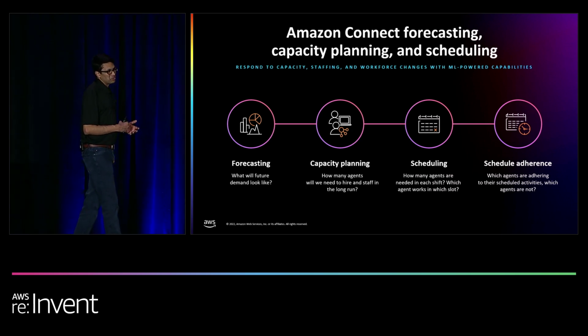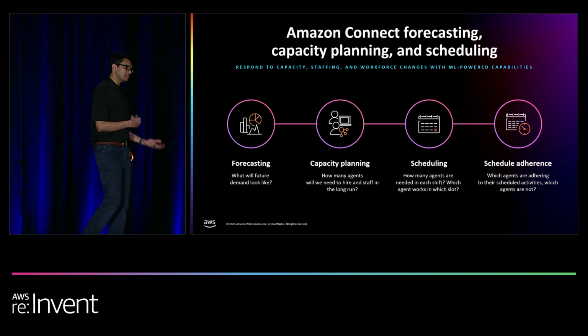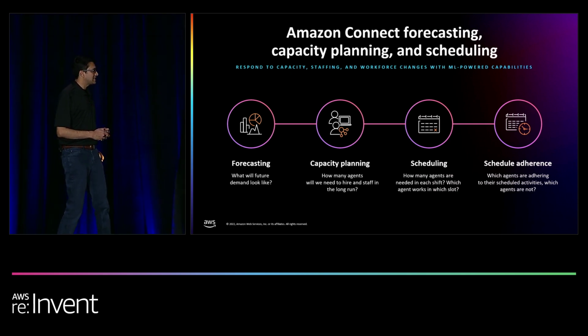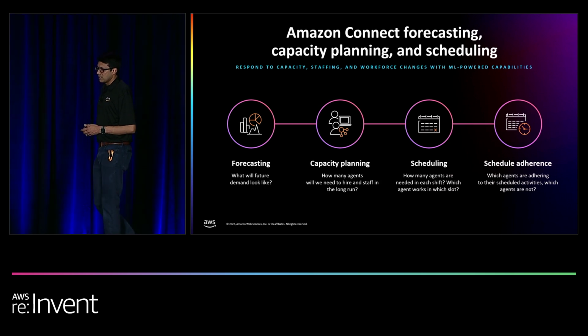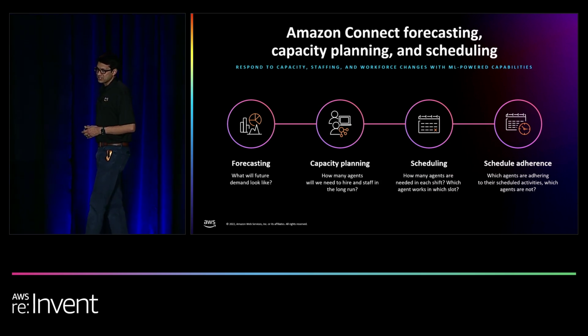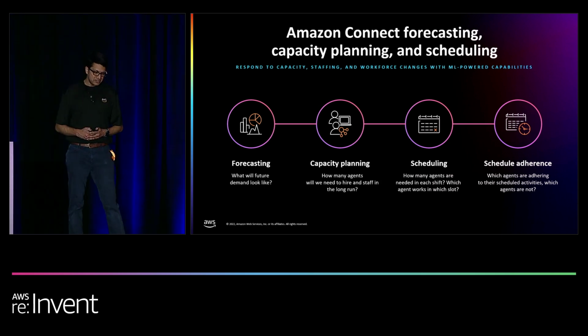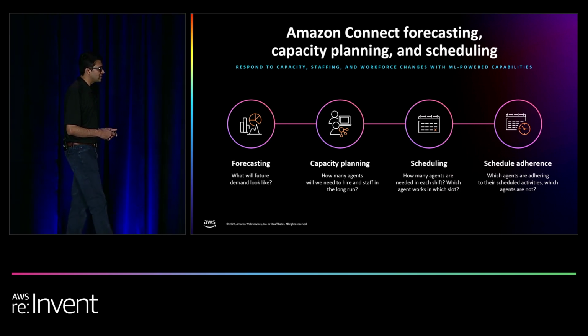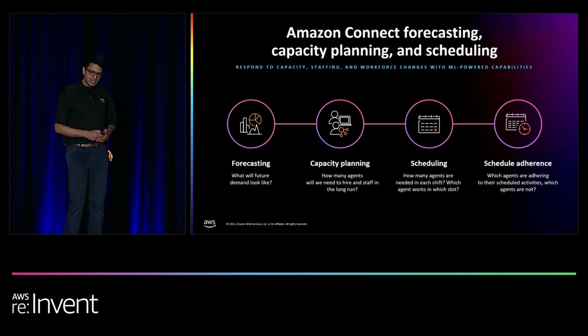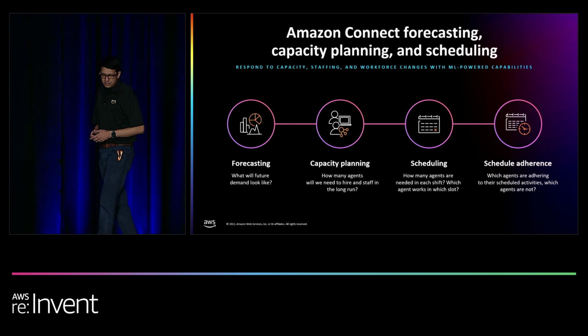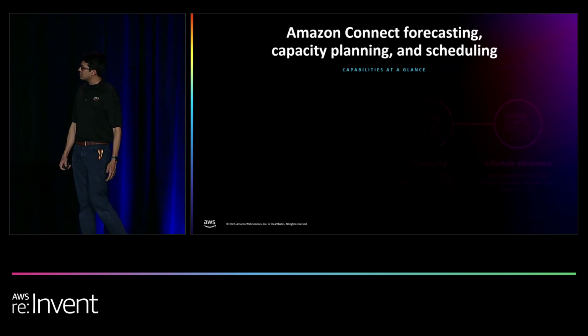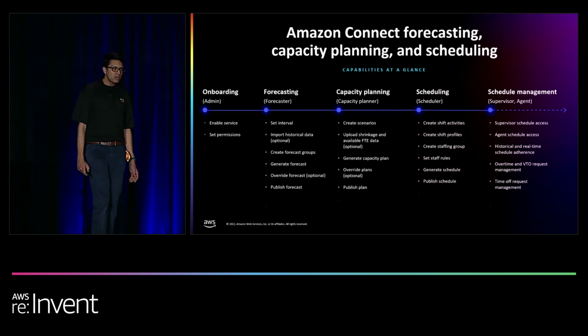If they're doing productive work, they're supposed to take a contact. Are they doing that in real time? You would be able to understand the status of that, as well as take action if they are not adherent to the schedule. So that's schedule adherence. These are the 4 things that we have delivered. So here's an at-a-glance slide just to show you all the capabilities.